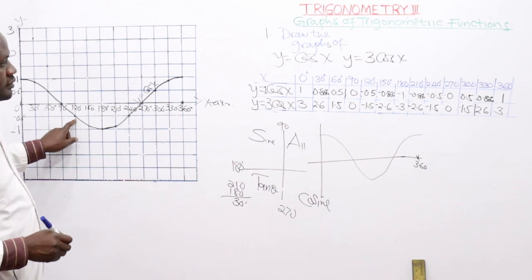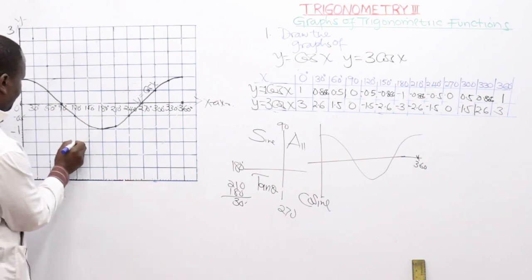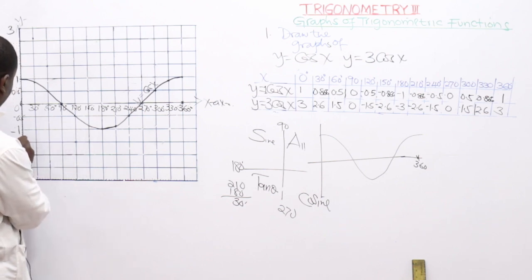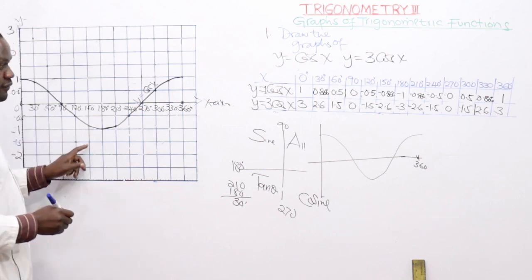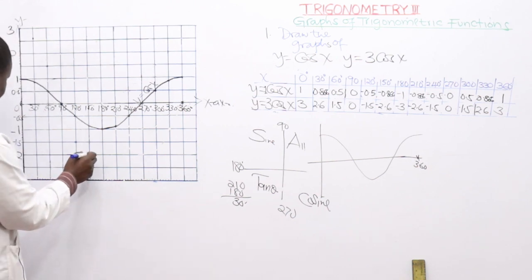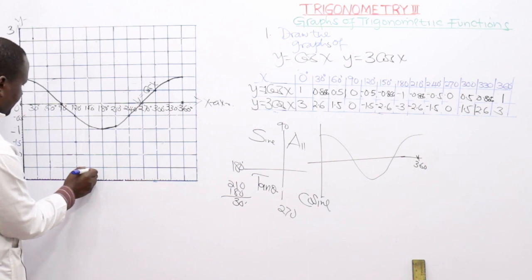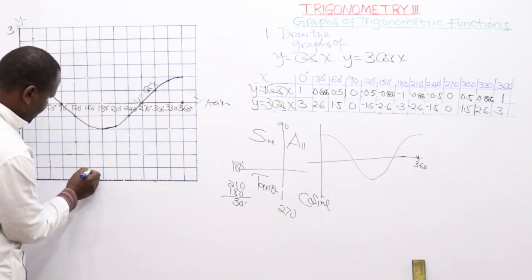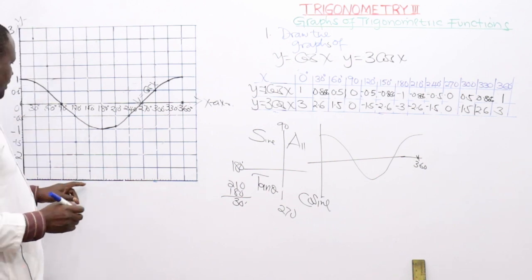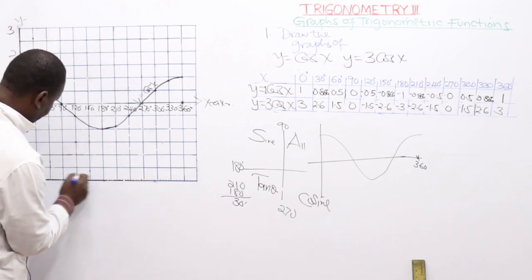Now 120 is negative 1.5. Should be easy to know. 150, negative 2.6. Now that is tough to find out, but from your graph paper you should be able to see. 180 is negative 3.